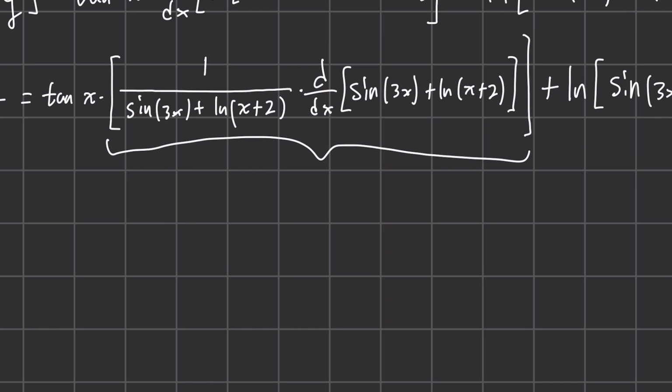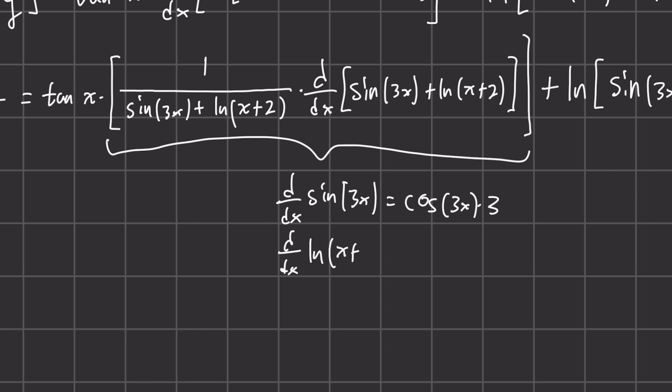The derivative of sine 3x plus ln x plus 2. Well, the derivative of sine 3x is just cosine 3x times 3, because, again, chain rule. And the derivative of ln x plus 2 is equal to 1 over x plus 2, because that is what the formula states.